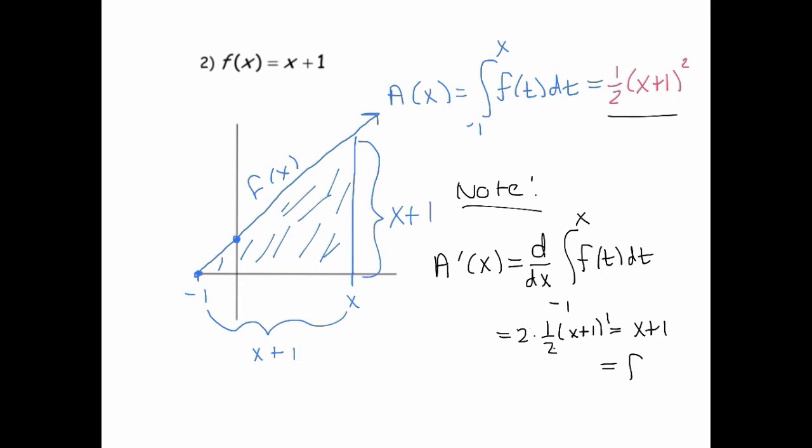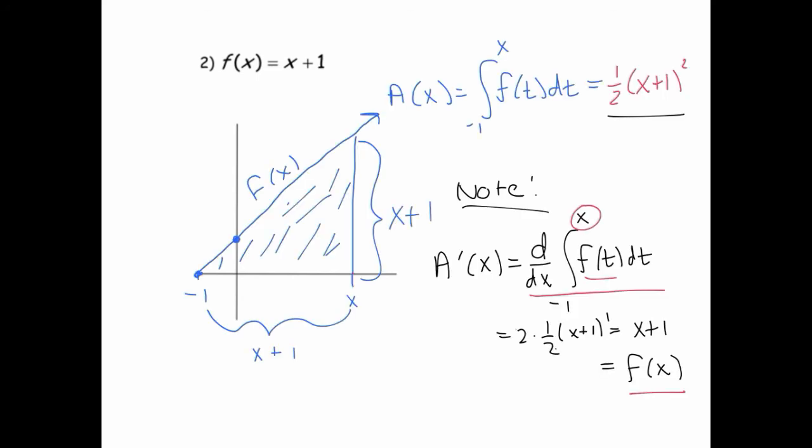But that's just f of x. So again, we've said that the derivative of this thing is just f of x. The derivative of the integral function, which is getting you area under a particular function on the interval -1 to a variable, is just the function itself.